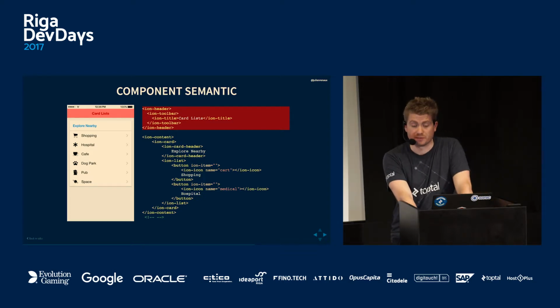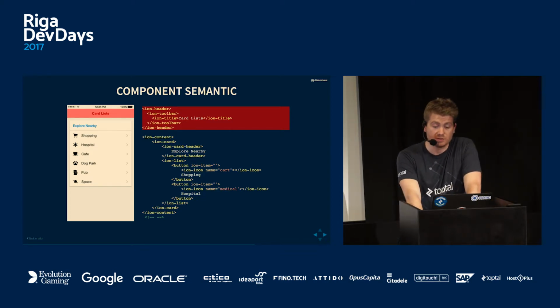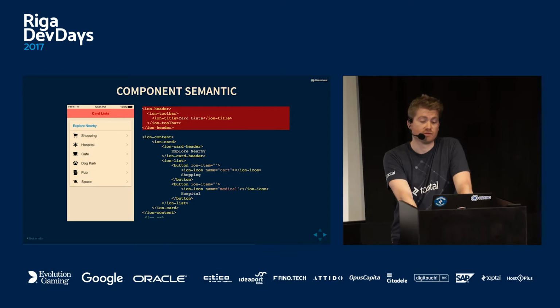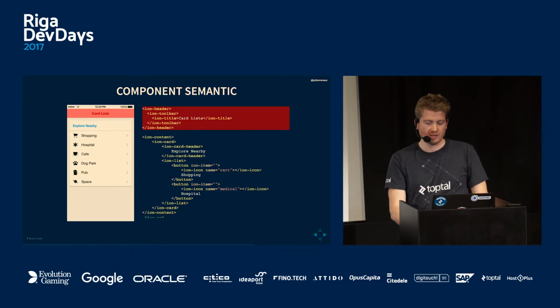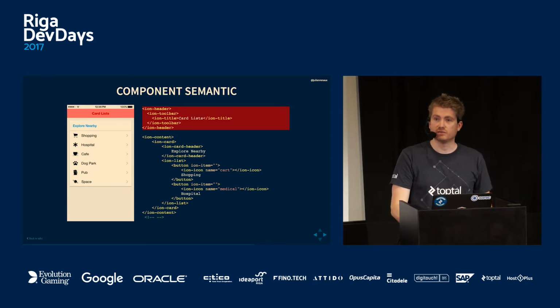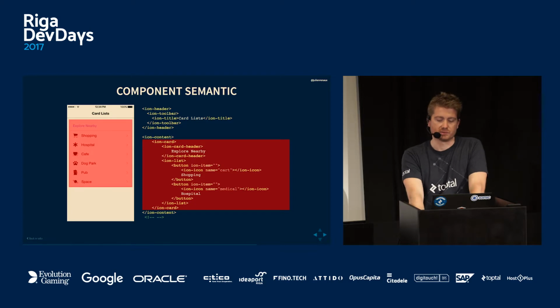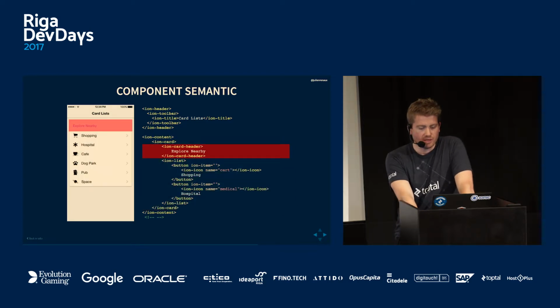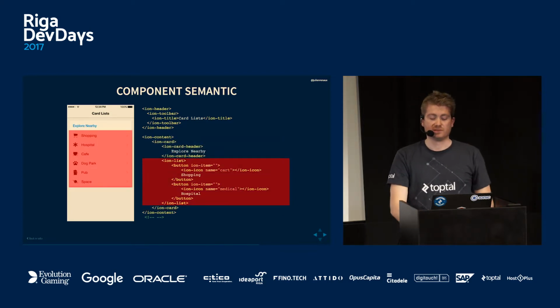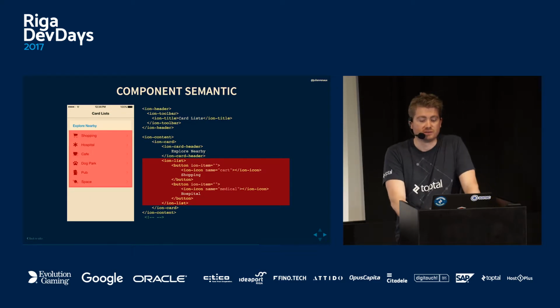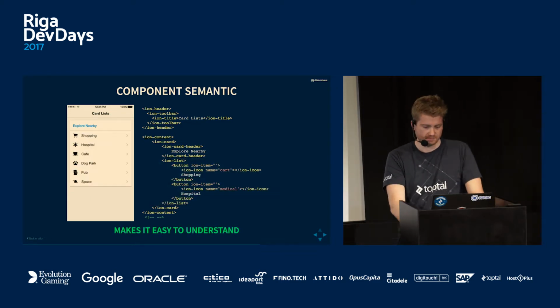There is no surprise. Just by reading the code semantic, you can get an idea of what the result will be. The content is the rest of the page that contains a card which has a title and contains a list of buttons. Ionic component semantic helps developers understand and build better UI easily.